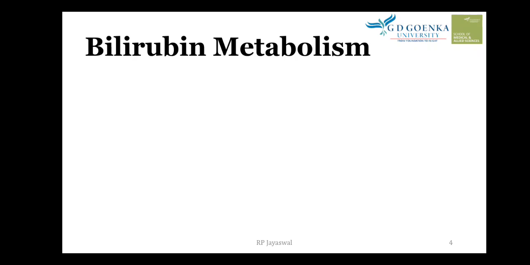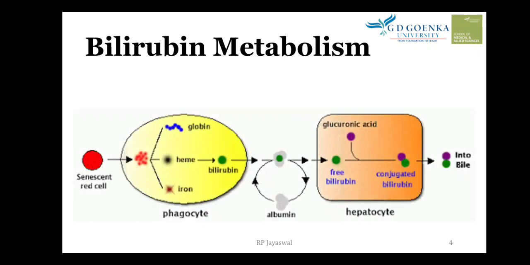Let's know about bilirubin metabolism. Here you can see the image. We can start from the left side. There is a red circle, which shows a red blood cell, a senescent red blood cell. Senescent means old, highly old or damaged red blood cells.